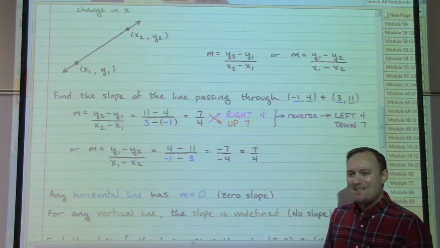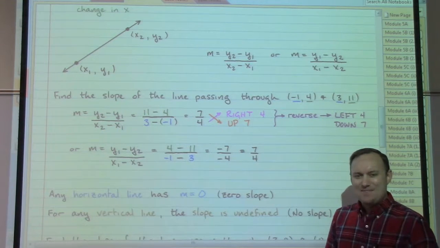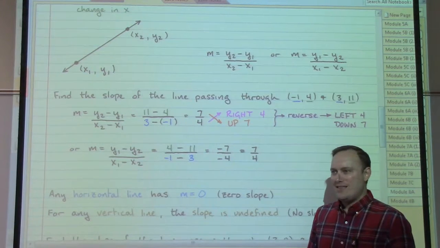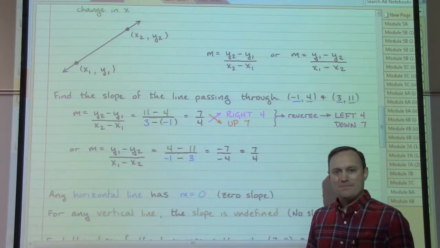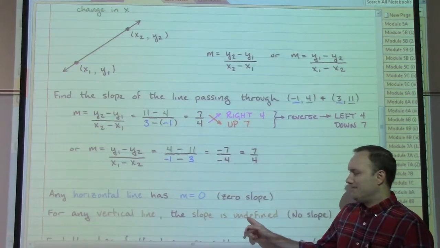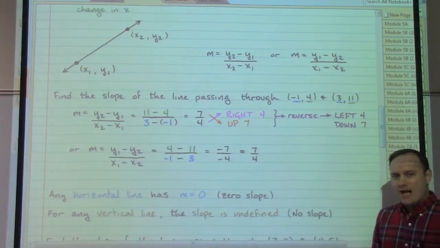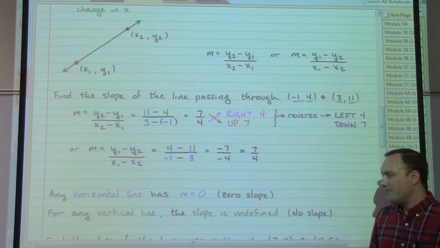Our denominator ends up giving us a 0. Well, we're not allowed to divide by 0. And if we're not allowed to divide by 0, then we would say that that is undefined. The slope is undefined. That means that there is not a slope. There is not an answer that comes out of that formula.